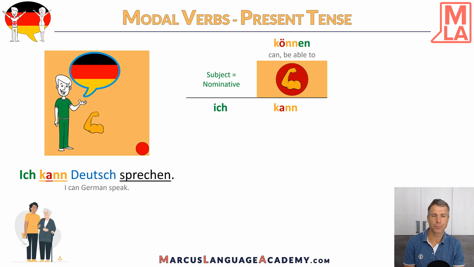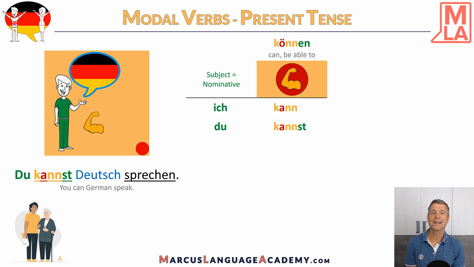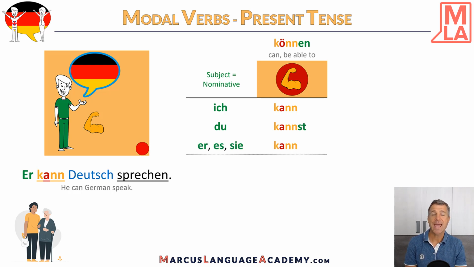So how is the second person? Du kannst. Du kannst Deutsch sprechen. You see, again there's a change in the root, so the O umlaut changes to A, and here we add ST. Er kann Deutsch sprechen. Again, no ending, like in the first person.